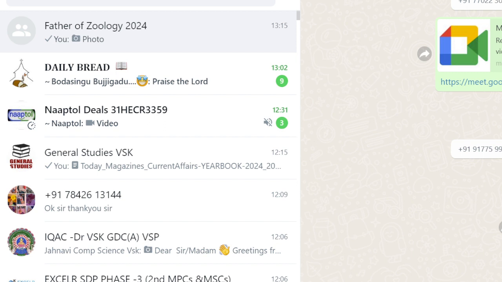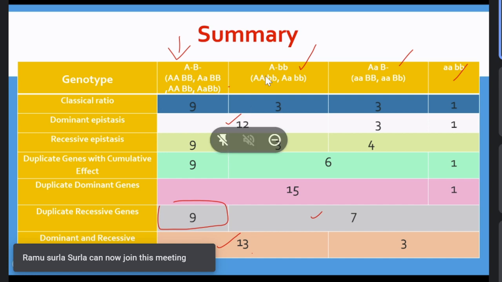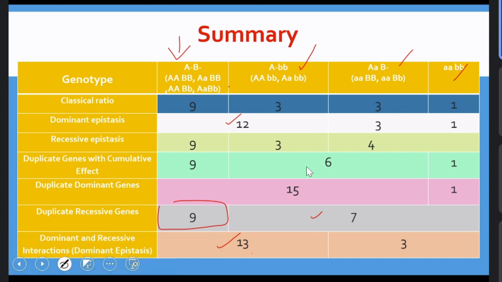Any doubt with respect to this non-allelic gene interaction, you please ask me. We have discussed about how many? First one, complementary... Second one, dominant epistasis. Third one, recessive epistasis.